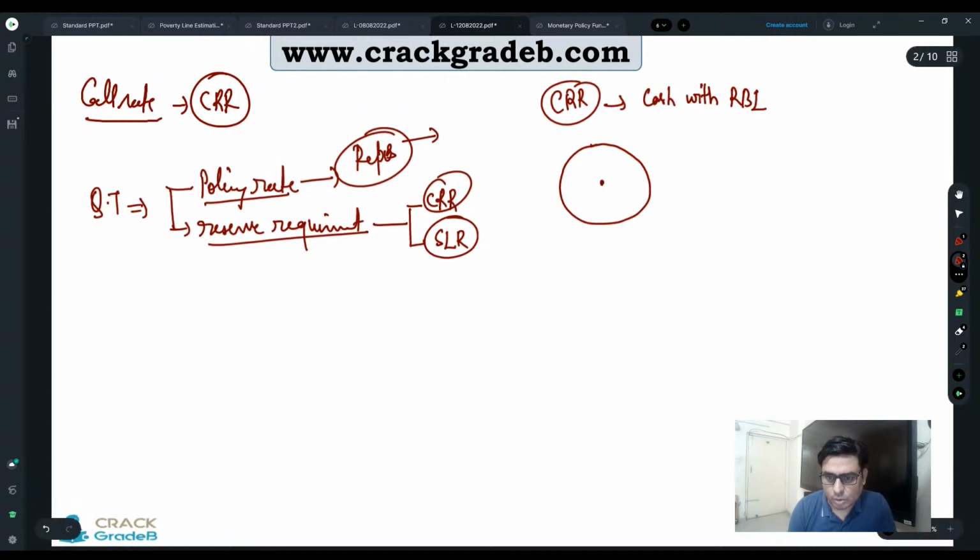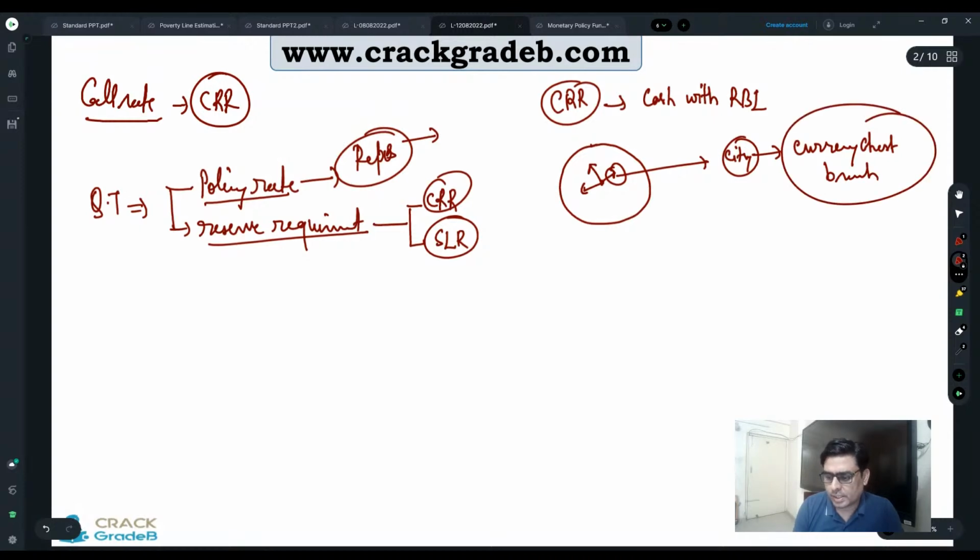This is the headquarter of the bank, and the bank has a network of branches, right? Suppose in a particular city, the bank has multiple branches, and one branch is known as the currency chest branch. There is a currency chest branch of every bank in a particular city, right?